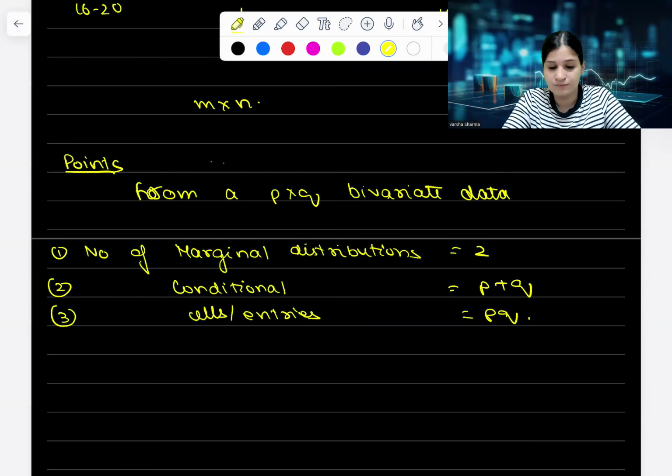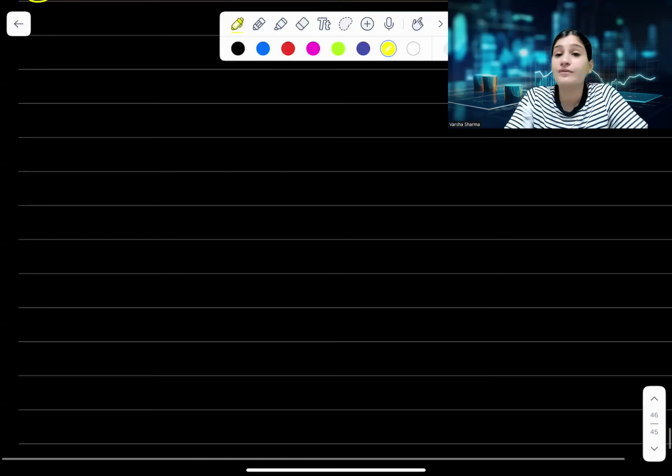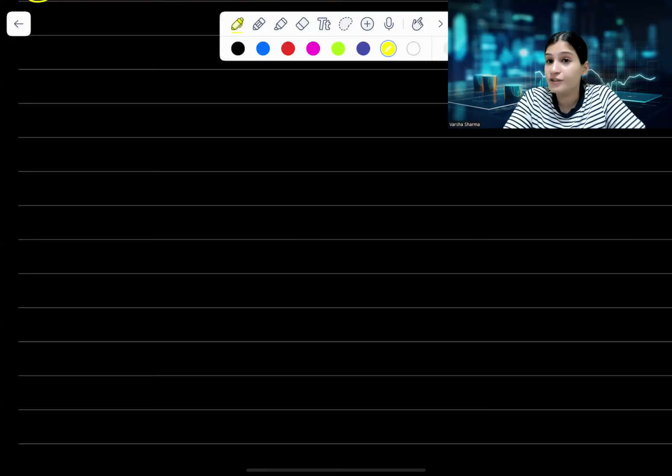I'm written. Okay. Now we'll move to the actual table. So as I said, if I have two variables, what are the questions we ask? Whether there is a relationship between them or not. If there is a relation, what type of relation is there? And then whether I can form a mathematical relationship, that is an equation, between them or not. Why? So that if I give you X, you'll be able to find Y or vice versa.